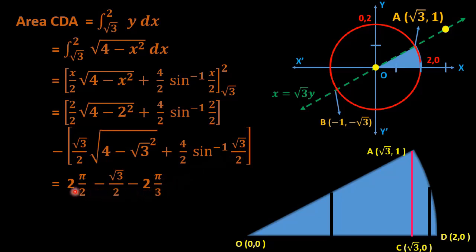So we simplify 2 pi by 2 minus 2 pi by 3, and we get pi by 3 minus root 3 by 2. Let this be equation number 3, which is the area of CDA.